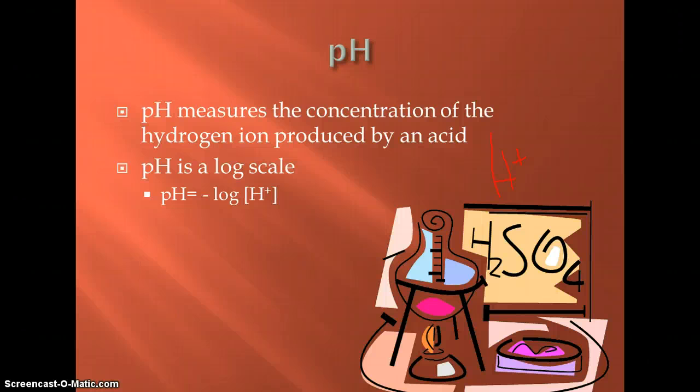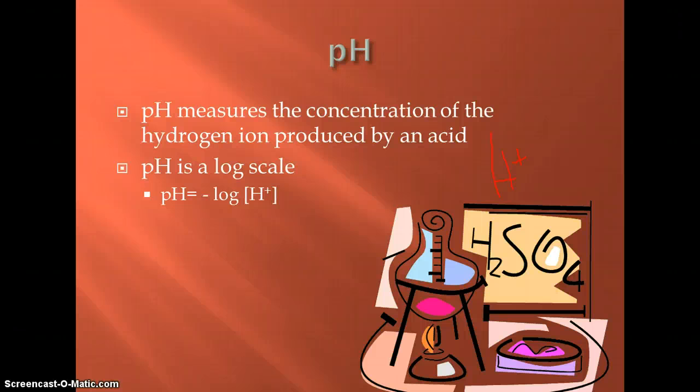You're going to want a scientific calculator as we keep going, so if you need to pause the video and go find one, that's fine. On most scientific calculators, there's a log button that you're going to need to be able to use. pH is the negative log of the hydrogen ion concentration.